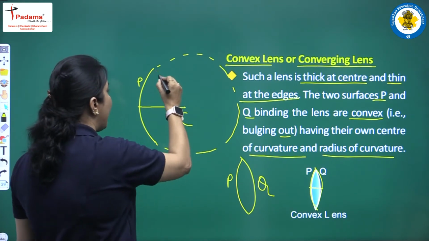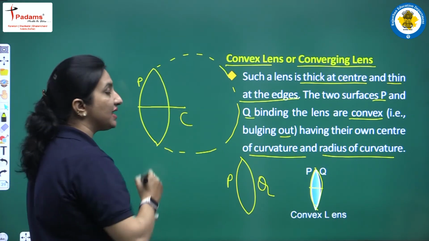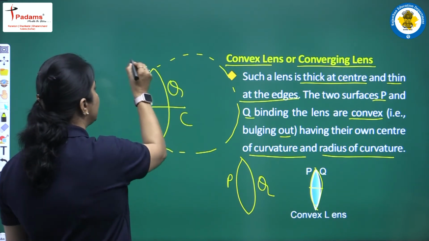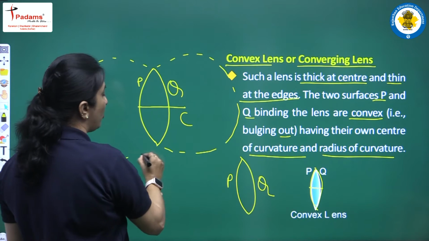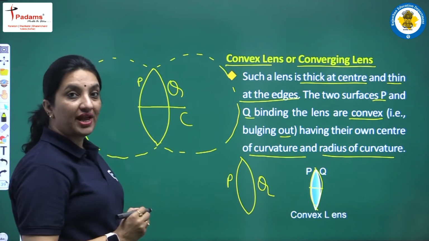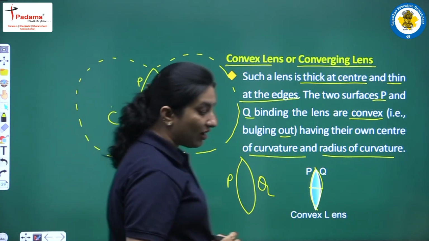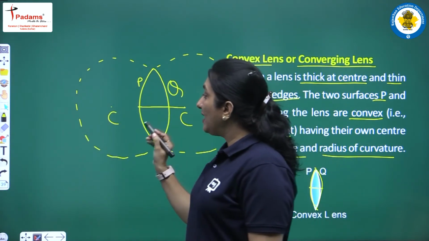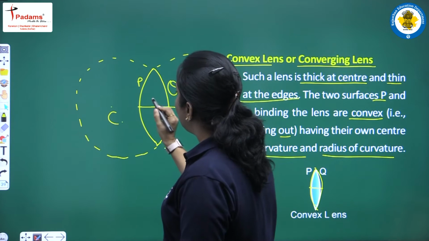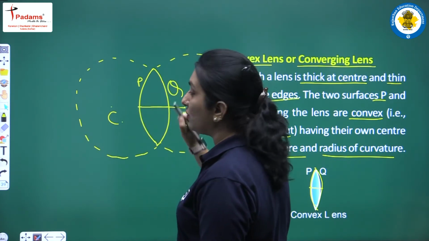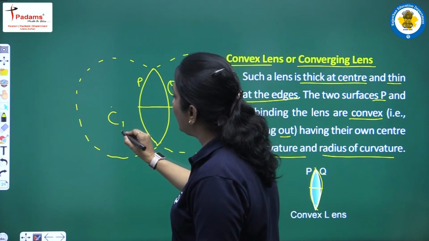Then we have another surface which is again convex and it is denoted by Q. Now this Q is again a part of a hollow sphere, and this Q again has one center of curvature. Now we can name these centers of curvature. Let the center of curvature for P be denoted by C2 and the center of curvature for Q be denoted by C1.